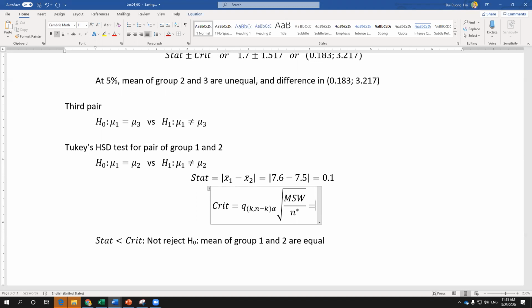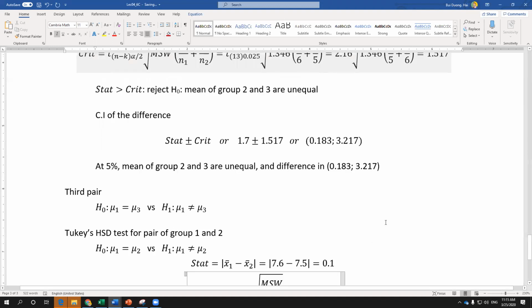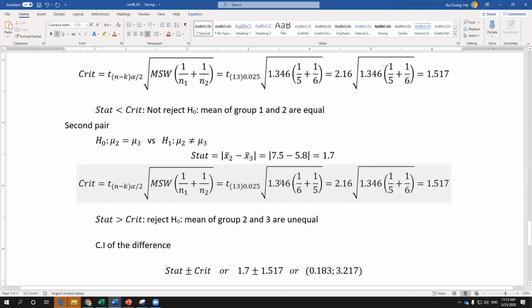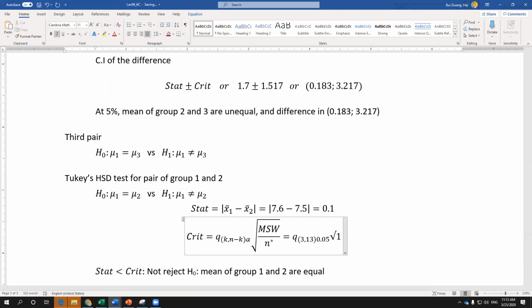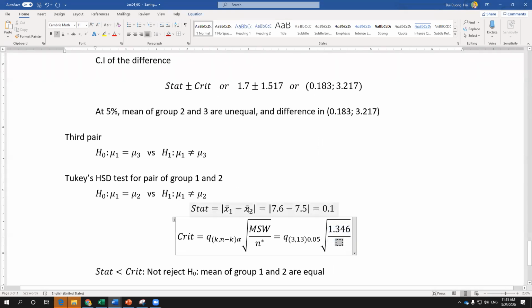Now equal to Q how much? 3 groups and 13, and alpha is 0.05. Here and still be the same, 1.346 over group 1 and 2.